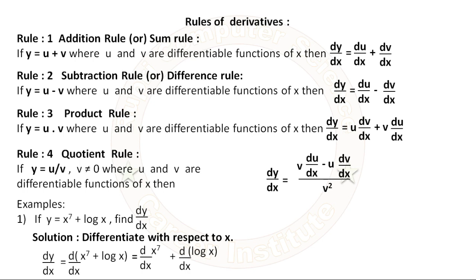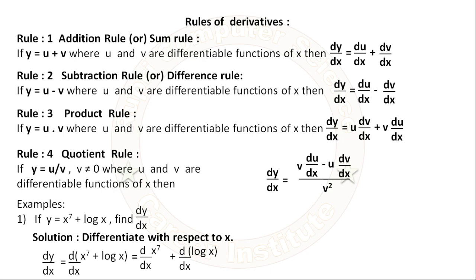Now see, derivative of x raised to 7 is 7 x raised to 7 minus 1, as x raised to n has derivative n x raised to n minus 1. That we use here.